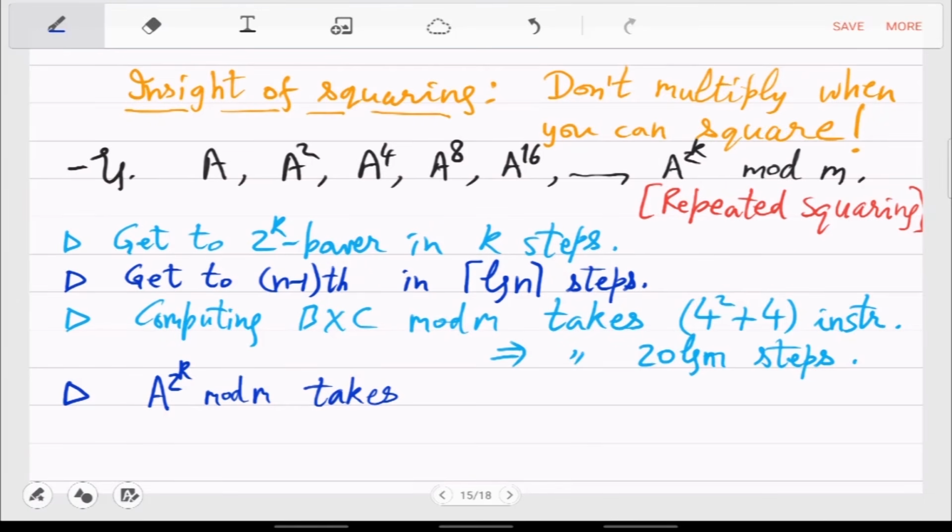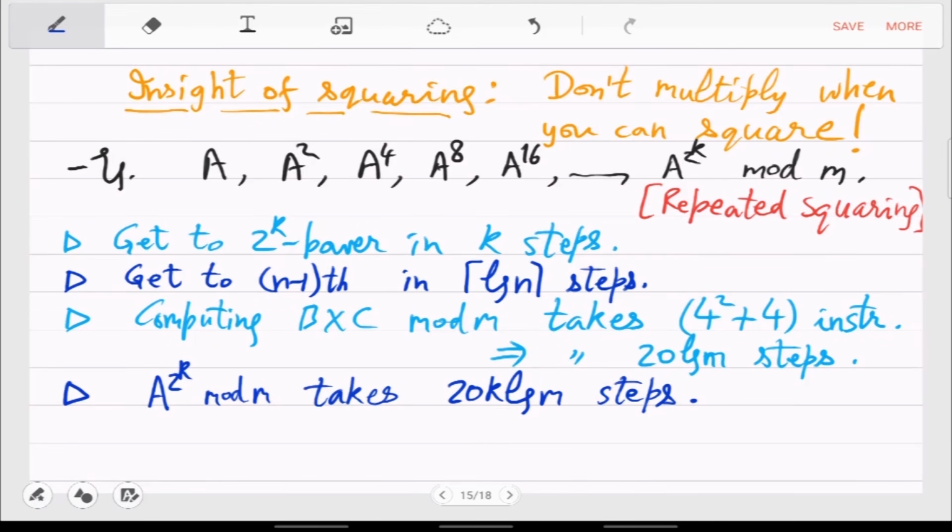Each squaring you will do like the B cross C subroutine. You will call that subroutine k times. So it's that answer times k. Let me put it like that, 20k log m. This is the complexity of calculating A raised to 2 raised to k mod m.